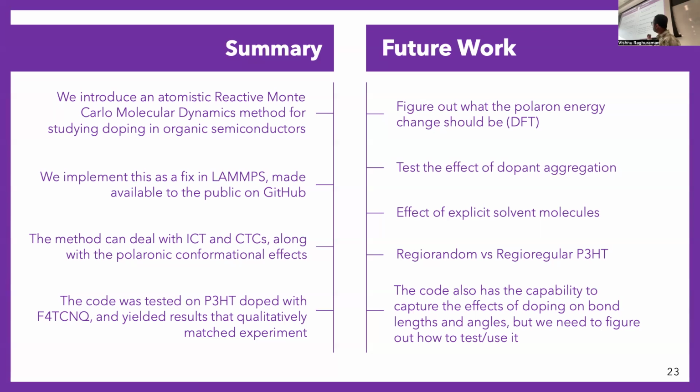It can deal with both integer charge and charge transfer complexes with partial charges. You can also look at conformational effects, such as aggregation. And we've tested it on P3HT with F4TCNQ, and it yields qualitatively sensible results.